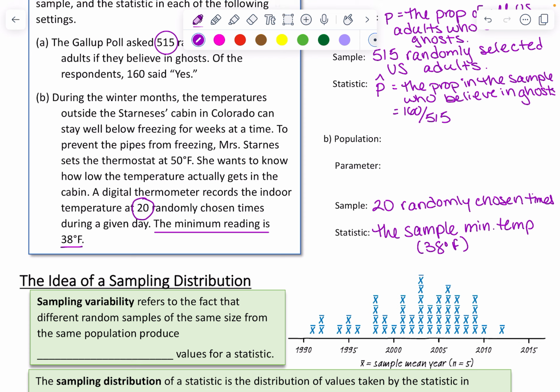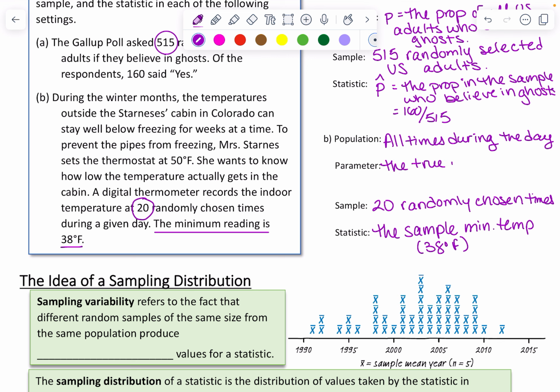All right, now again for the population, just change the number to the word all. So all times during the day. And the parameter would be, instead of the sample minimum, the population minimum, or sometimes we call it the true minimum in the cabin.